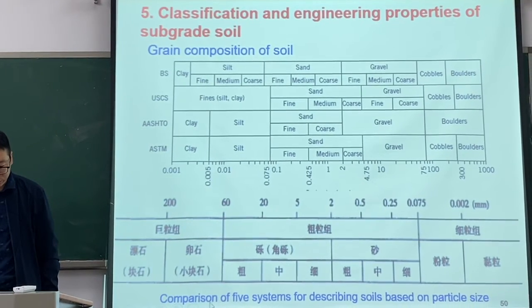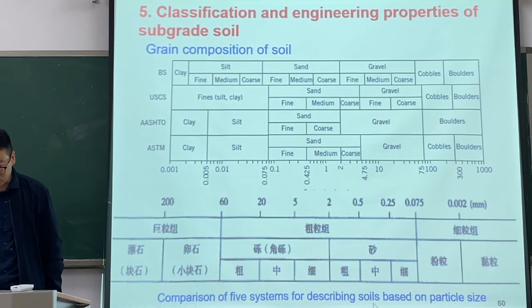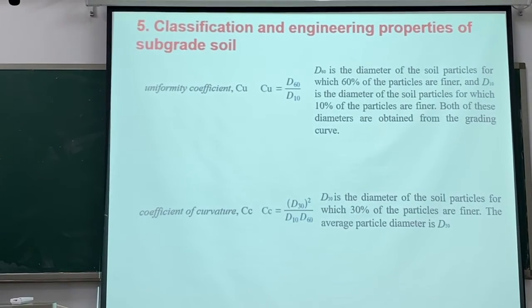This is a comparison of 5 systems for describing soils based on particle size and coefficient of curvature.